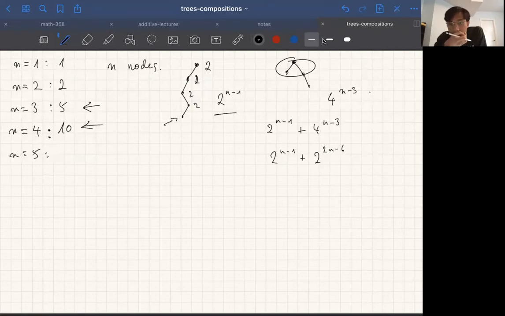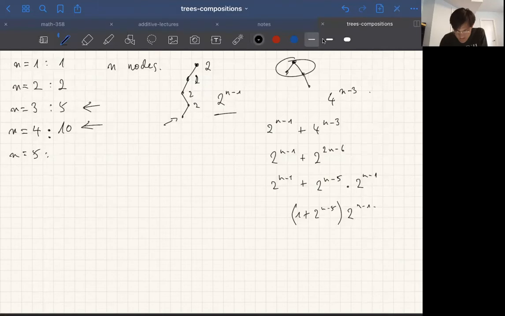And now we get something kind of like, 2n minus 6 minus n minus 1 is n minus 5. So 2 to the n minus 5 times 2 to the n minus 1. So we add them, we get 1 plus 2 to the n minus 5, times 2 to the n minus 1.